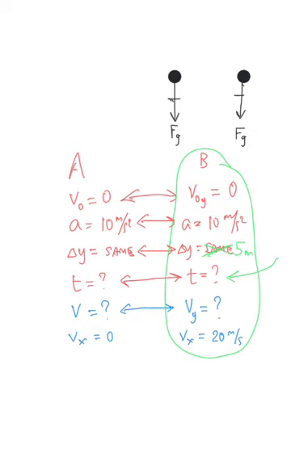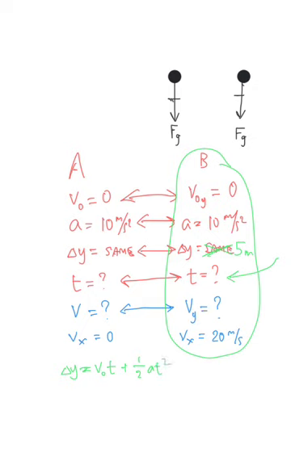So we want to pick the kinematics equation that has initial velocity, acceleration, the change in position, and the time, and is missing the final velocity. So we want to use delta y equals v0 t plus 1/2 a t squared.